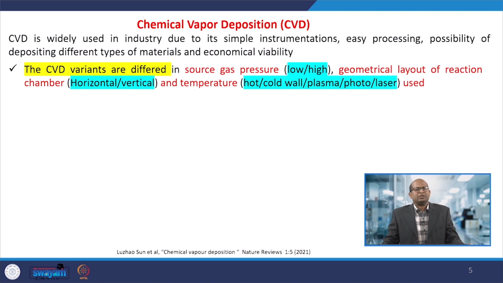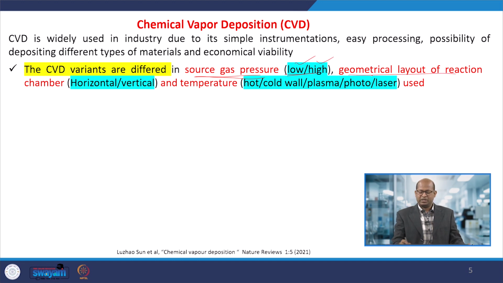The deposition patterns are different, depending upon the source gas precursors. We can use low or high pressures when the CVD process takes place. Either we can use one atmospheric pressure, or we can conduct the CVD process under vacuum conditions. So, depending upon the source gas pressures, we can classify into low and high pressures.